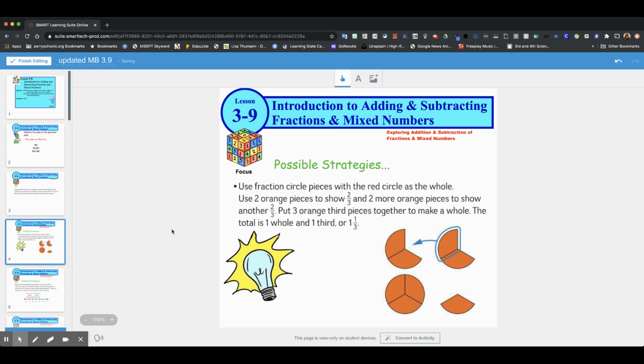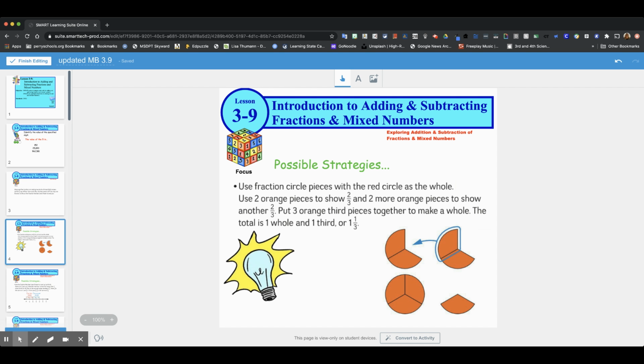Let's look at some strategies. If you use fraction circle pieces, you would use the different fraction circles with the red circle. The red circle represents one whole. You could use 2 orange pieces to show 2/3 and 2 more orange pieces to show another 2/3.